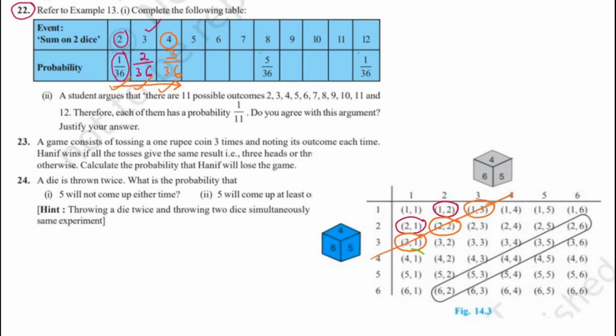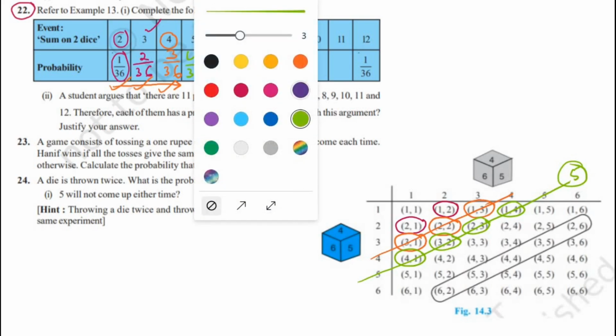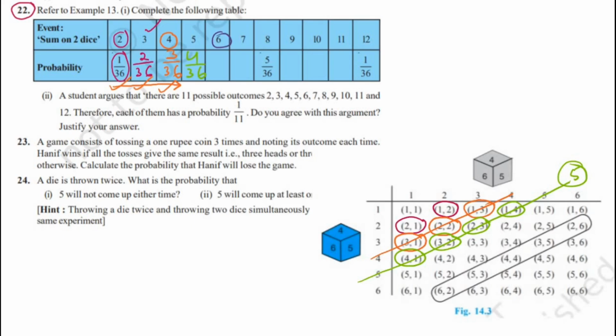So getting a sum of 5. Here I am encircling with green 4 comma 1, 3 comma 2, 2 comma 3, 1 comma 4. So in this list the sum of numbers on the 2 dice is summing up to 5. So these are 4 out of 36 cases. Now let's see for 6.